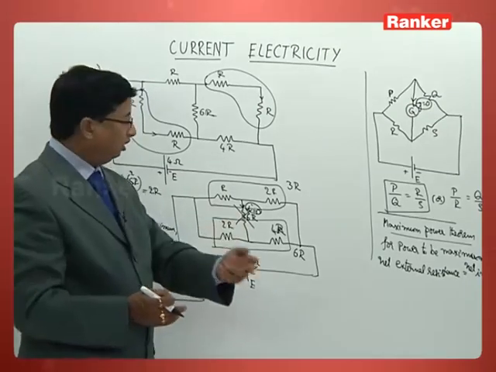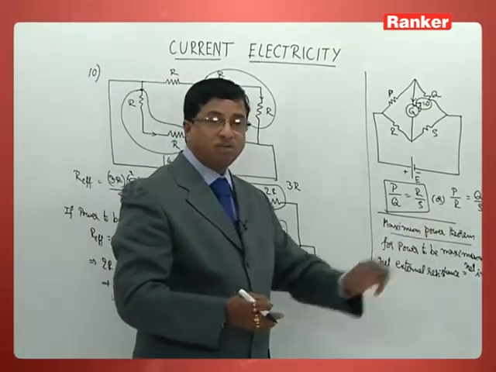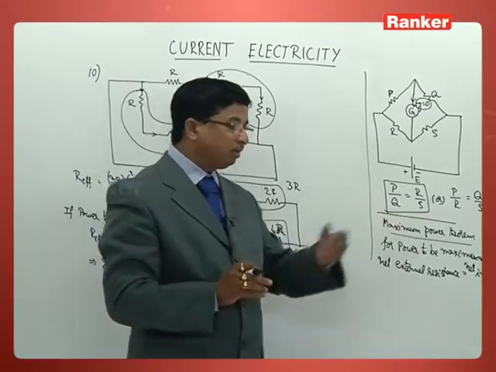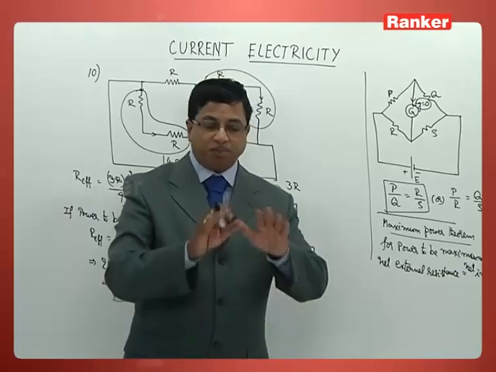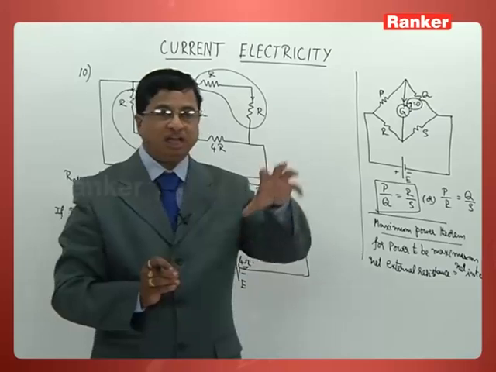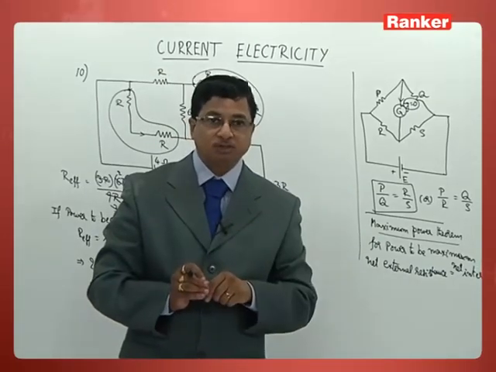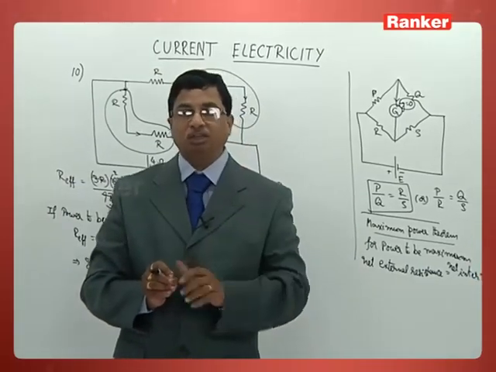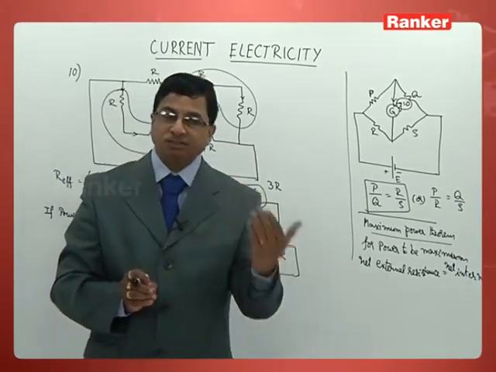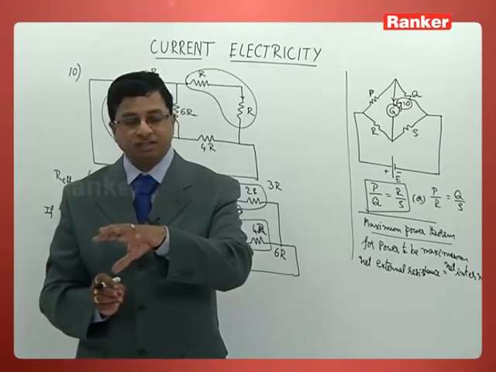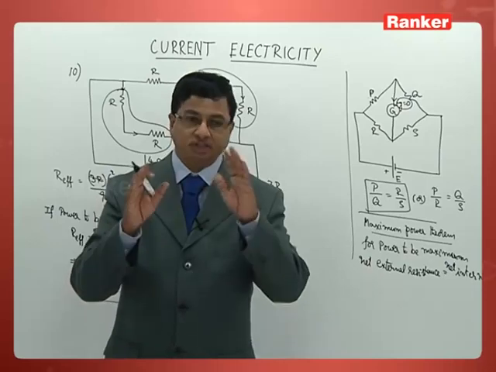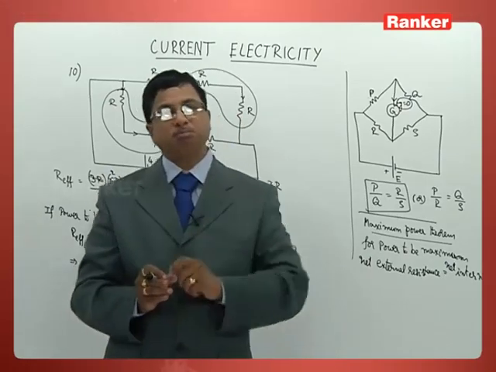And what is the second one? Maximum power theorem we have in the current electricity topic. What is this maximum power theorem giving us? For the power to become maximum in any circuit, the net external resistance of the circuit must be equal to the net internal resistance of the cell. So external resistance and internal resistance, when they are numerically equal, the power across the circuit becomes maximum.